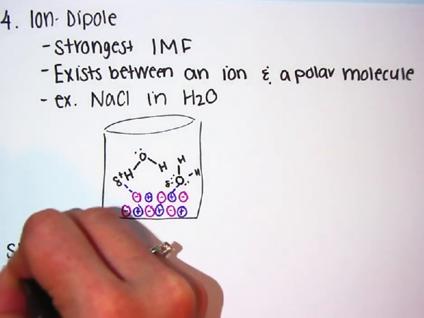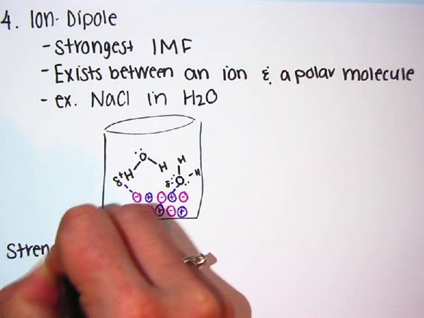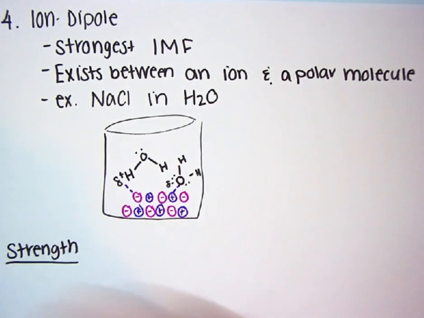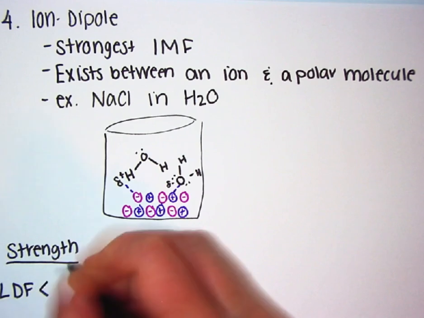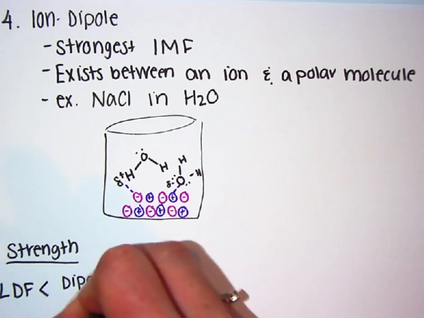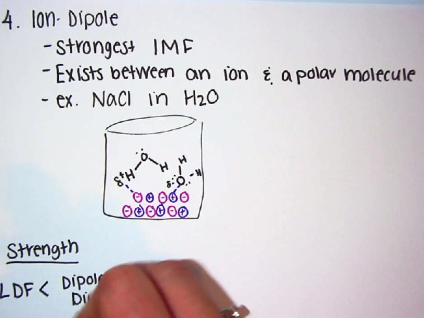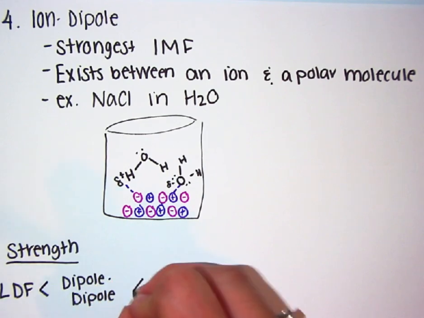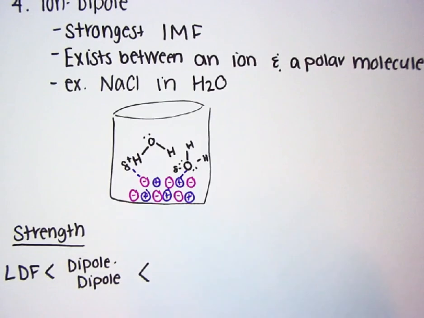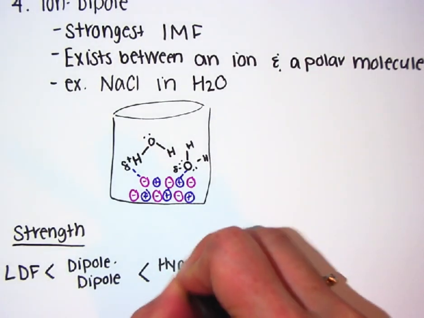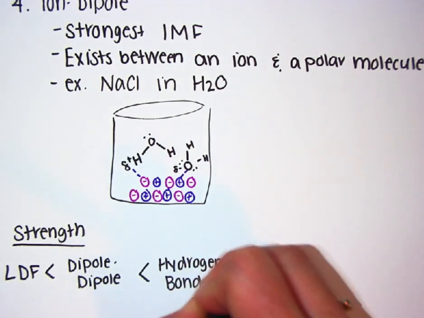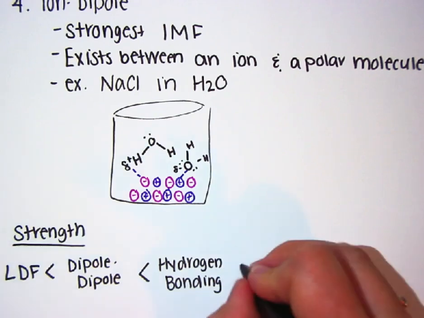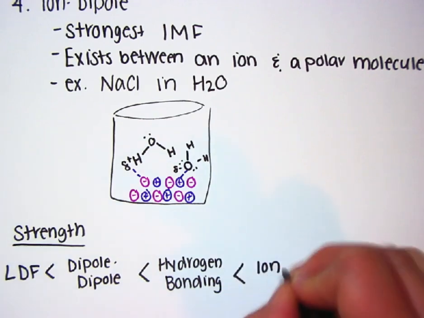Let's sum up strength. Weakest, LDF, followed by dipole-dipole, followed by hydrogen bonding, followed by ion dipole.